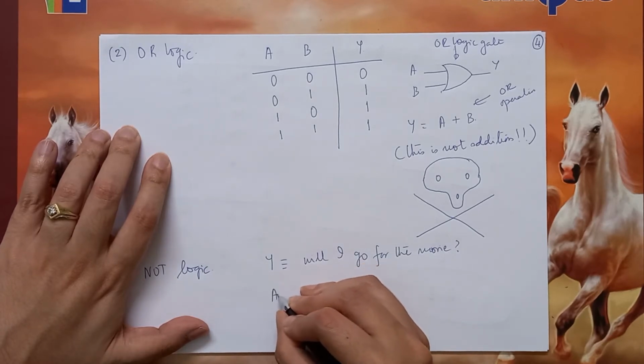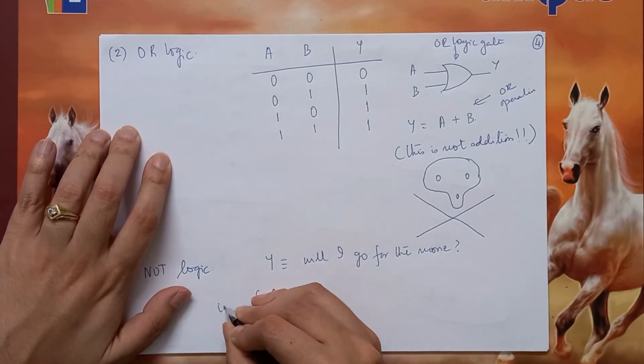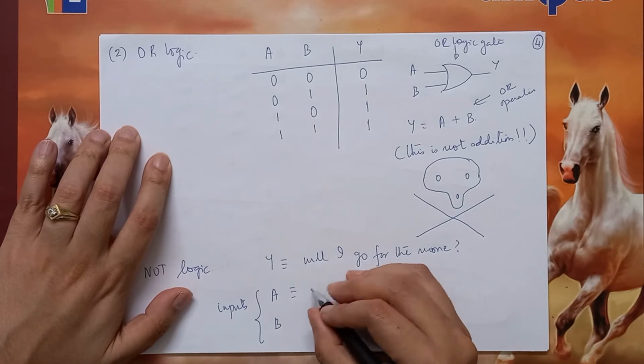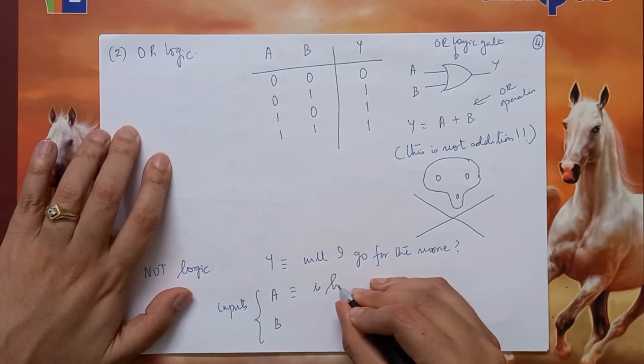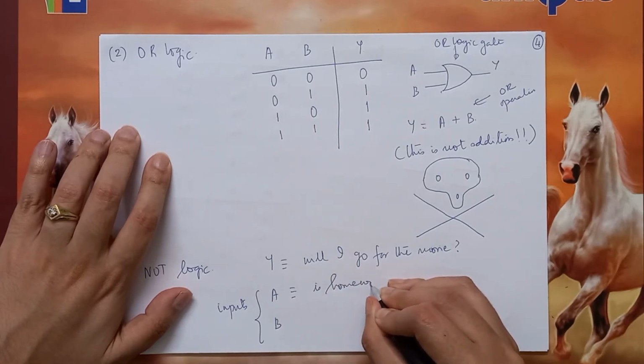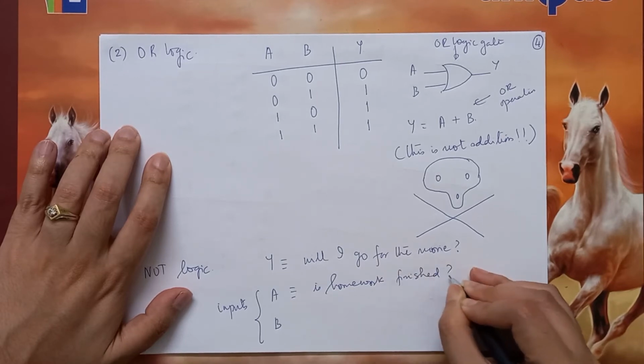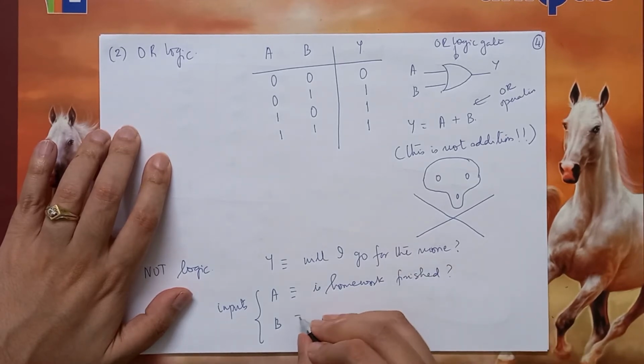Now the inputs are two, A and B, where A is homework finished and B is it raining?